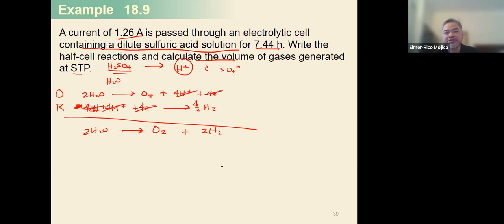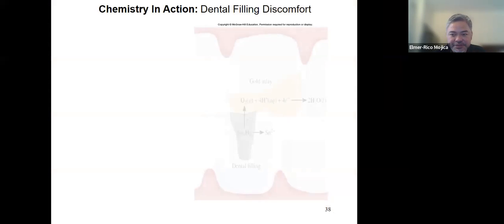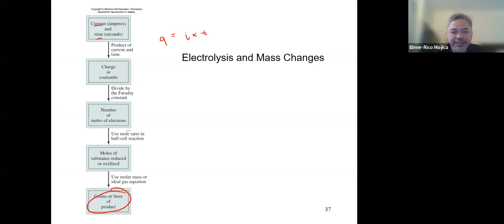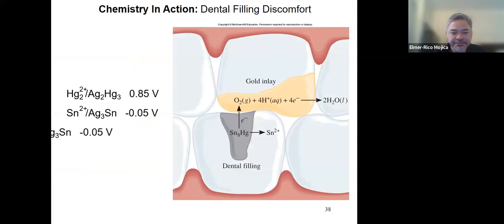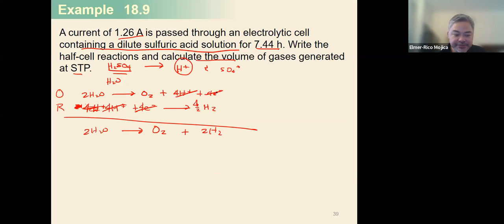Now, how are we going to solve the problem? What we solved so far is just the half cell reaction. Okay. So based on this previous slide, we have current times time. So from current times time, or I just say ampere times time, you go to the charge.